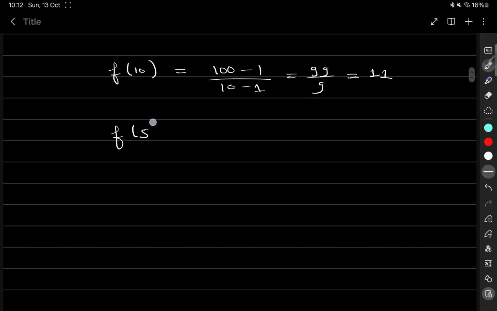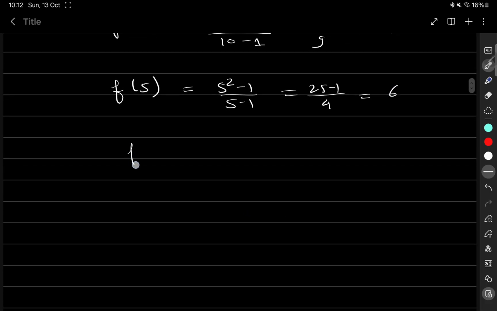Now if I ask you to find the function value at 5, then you will say, sir, (5² − 1)/(5 − 1), that is (25 − 1)/4, which is 6. Okay, sir, got it. If I ask you 2, then what will you answer? You will say (2² − 1)/(2 − 1) = 3.